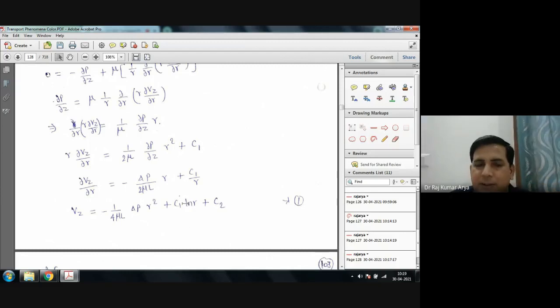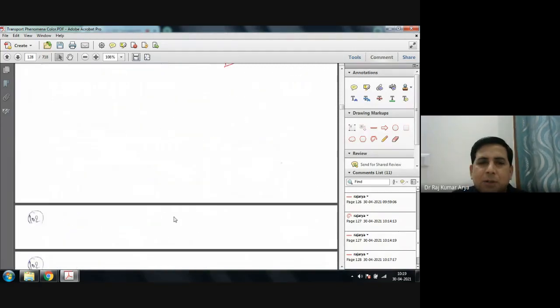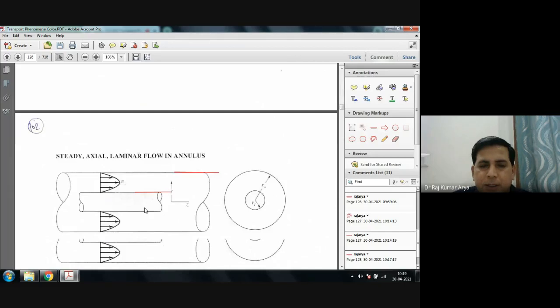You are not satisfying any boundary condition at R equal to 0, because there is no R equal to 0 in the annular space, right? Here you have R equal to Ri or R equal to R naught only, correct?